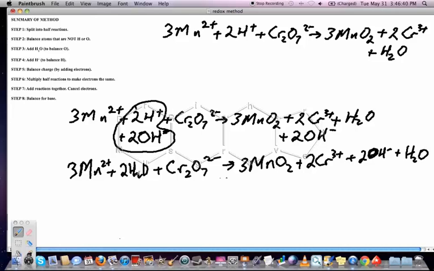But now we've got 2 waters on this side and 1 on this side. So I'm going to subtract 1 water from each side, and I'll be left with 1 water over here.